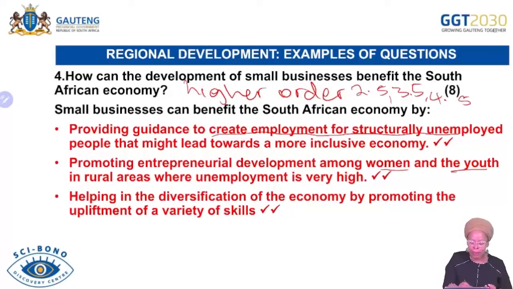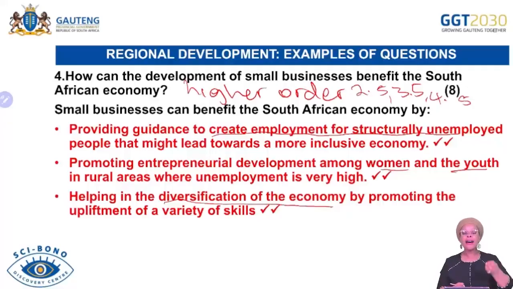It also helps in diversification of the economy. If you look around South Africa, you will see that we have tuck shops, we have photographers, we have tour guides, we have a lot of small businesses even in the townships where they are selling vegetables or fruit, cold drinks, etc. Those small businesses also help in the diversification of the economy, and they uplift what?